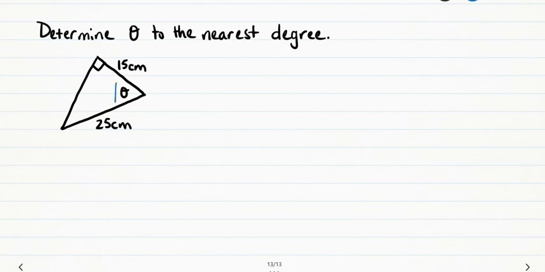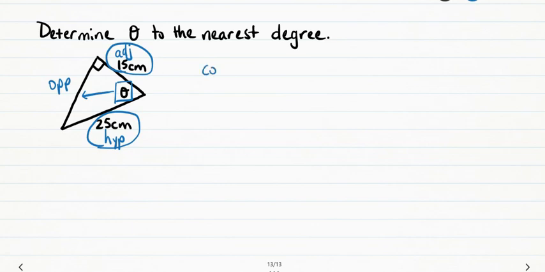So if theta here is our reference angle, the side opposite that is the opposite. Across from the 90-degree angle is the hypotenuse, and the third side that's left is the adjacent. So again, we think about which trigonometric ratio involves these two side lengths, the hypotenuse and the adjacent.